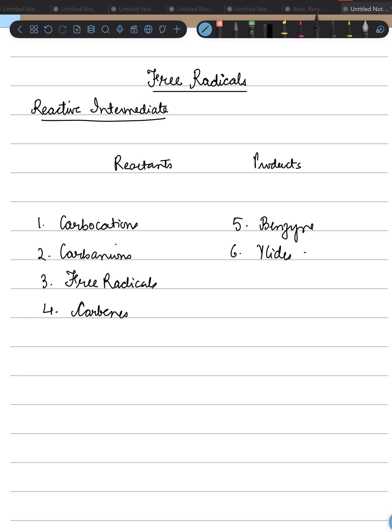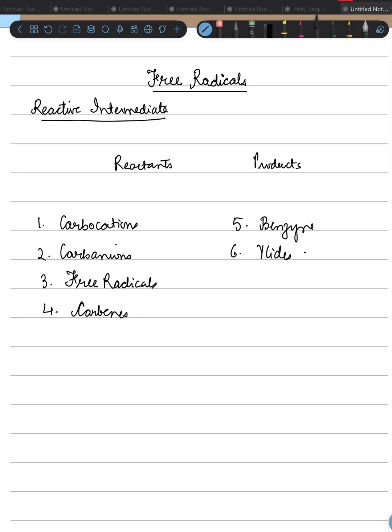So in today's lecture, we'll be focusing on this reactive intermediate, a species which is formed between reactant and products and has an odd electron, right? So we'll talk about them in detail.